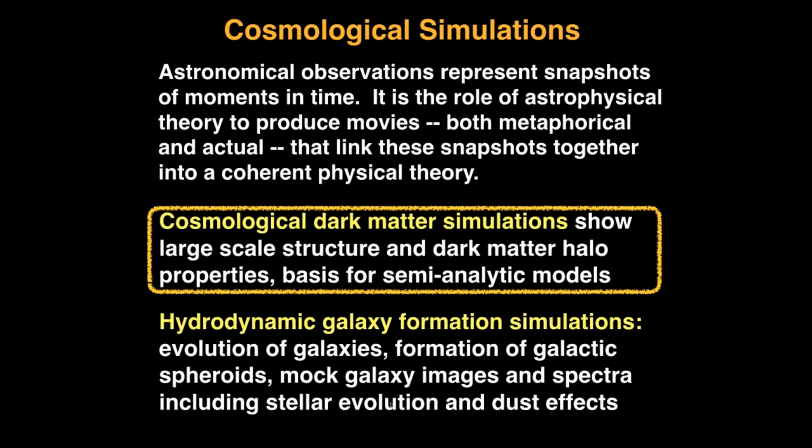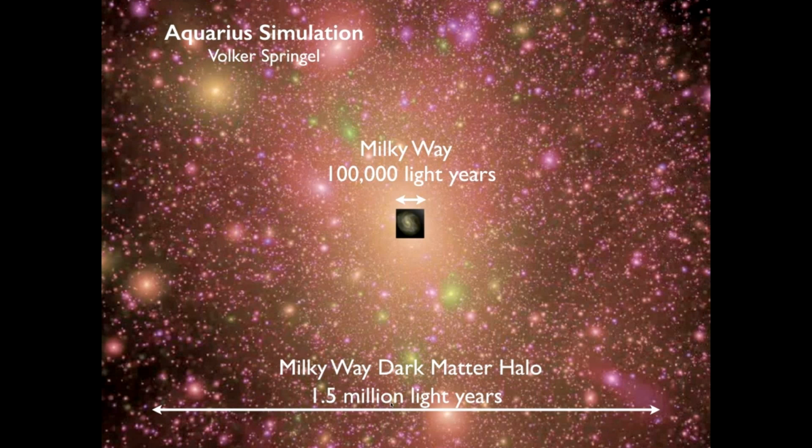So the next slide is one of the Aquarius simulations of a dark matter halo like that of the Milky Way. It's about 1.5 million light years across, about 250 h-inverse kiloparsecs in radius.